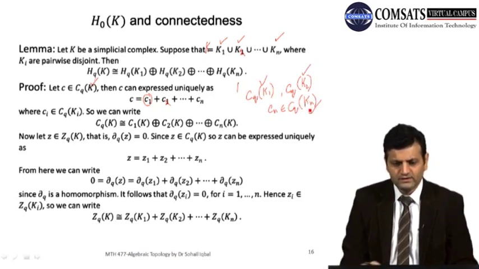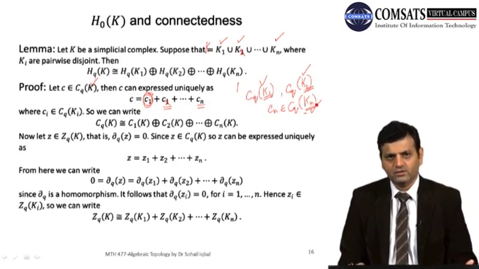So we are just saying that this C, which is the integer combination of these Q simplices, can be written in this way, and C1 contains the combination of Q simplices from K1, C2 contains the combination of Q simplices from K2, Cn contains this integer combination of Q simplices from Kn, because these K1, K2 up to Kn are simplicial complexes on their own.